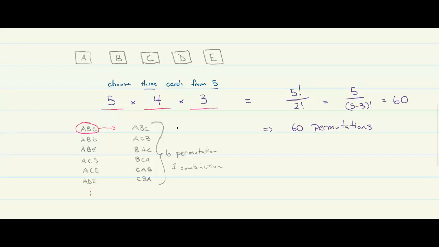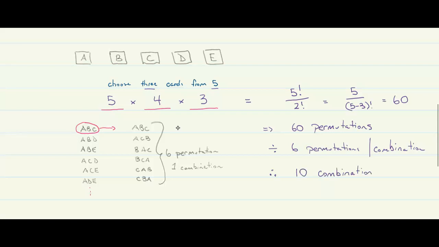So I'm going to divide by 6 permutations per combination. So therefore, we have 10 and only 10 combinations.